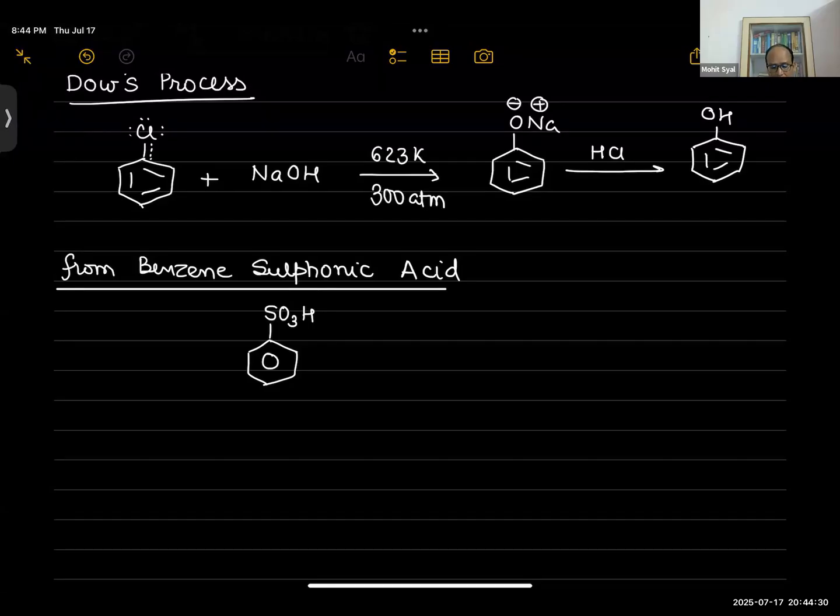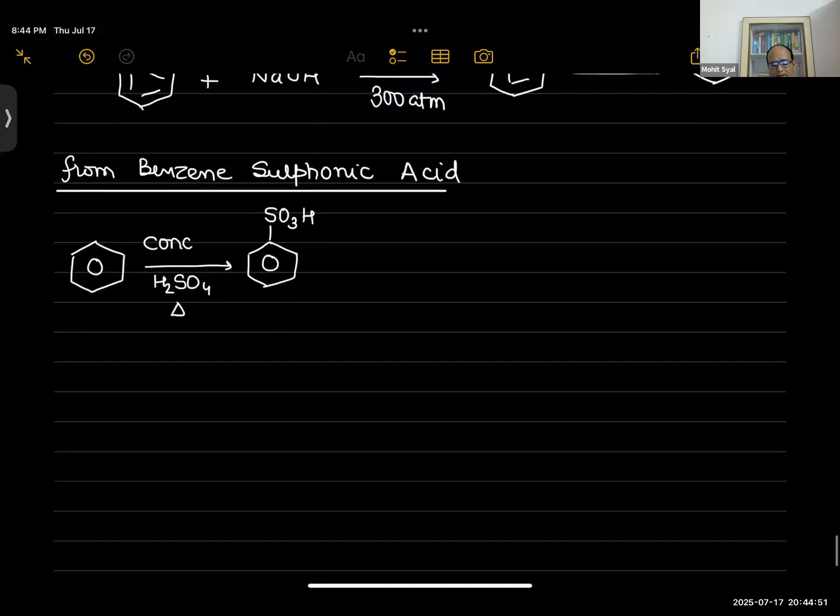So how are we going to get it from benzene, first of all? First, we need to convert the benzene to benzene sulfonic acid by heating it with concentrated H2SO4. You can remember it in this way. This is benzene, and this is H2SO4.